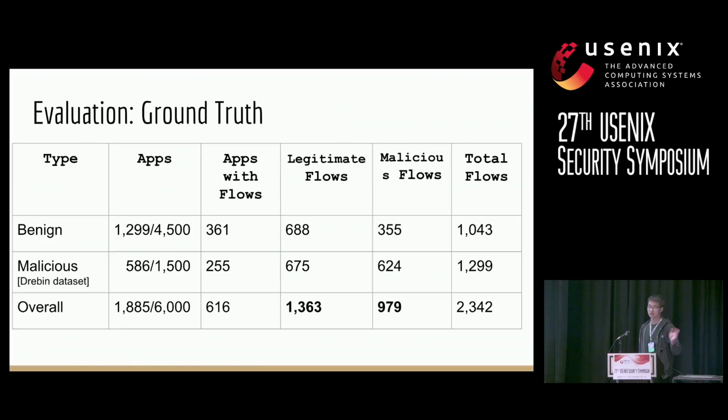Roughly 1/3 of the apps finished, and we got 2,342 flows. Among these flows, we manually label each flow to determine their legitimacy. And the results show that about 1,363 are legitimate flows, and the remaining 979 are malicious flows.